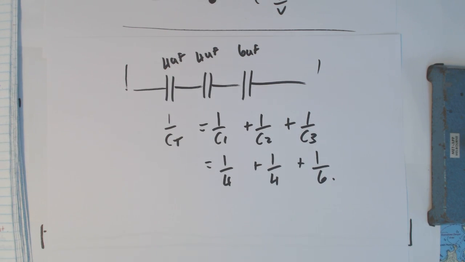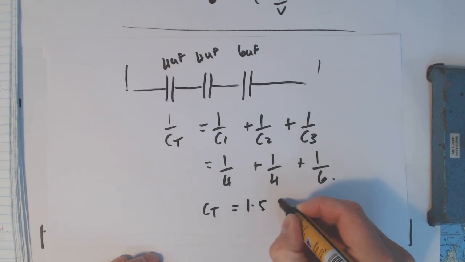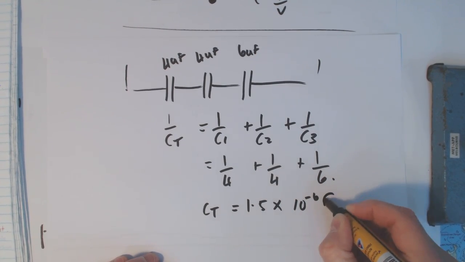We do that on our little calculator, and what do we end up getting? 1 quarter plus 1 quarter plus 1/6. You can see 1 quarter is about 1/2, and 1/6 is a little bit over. It's a little bit over 1/2, maybe 0.6, 1 over 0.6. Anyway, it comes out at 1.5 times 10 to the minus 6 farads.